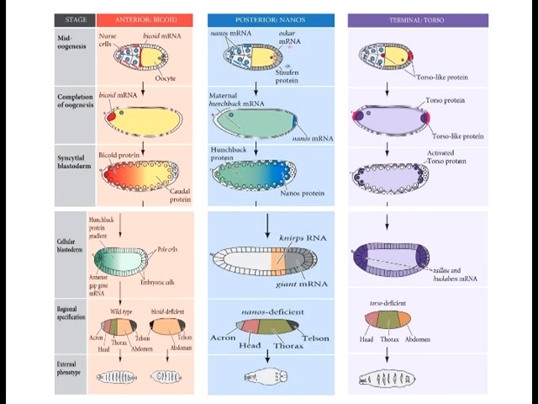And the same thing is true: nanos prevents hunchback from being translated, and then you only get hunchback in the more anterior region. So that's why these are what we call the anterior and posterior maternal effect genes. Bicoid and hunchback are the anterior maternal effect genes. They cause the oocyte to have anterior polarity, and nanos and caudal the posterior.